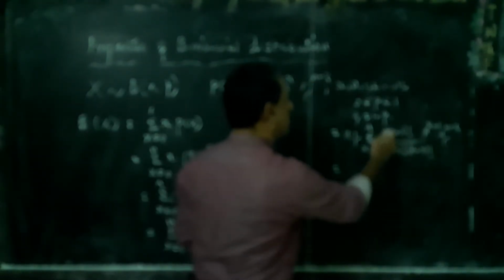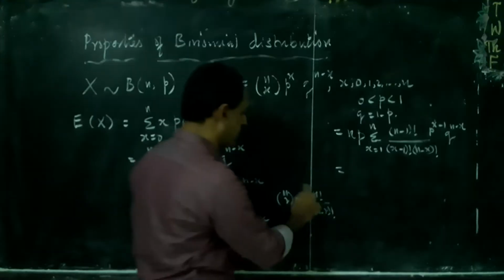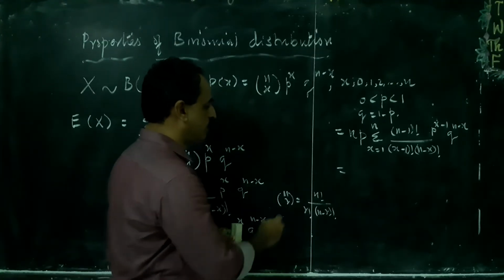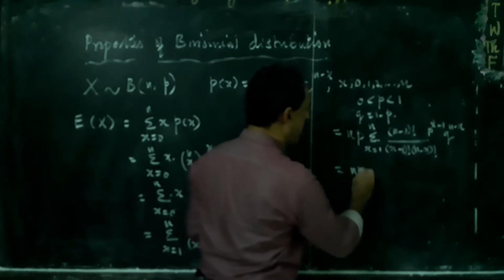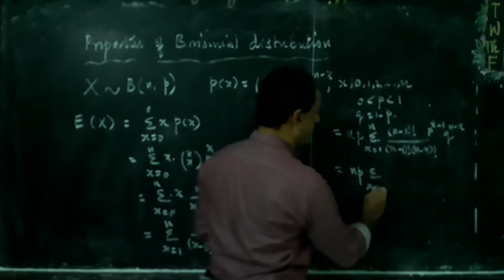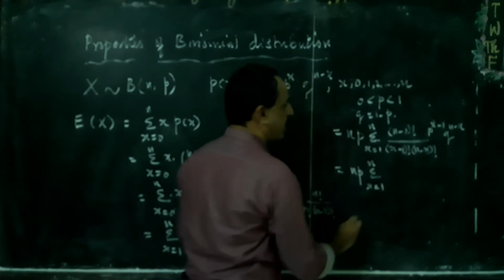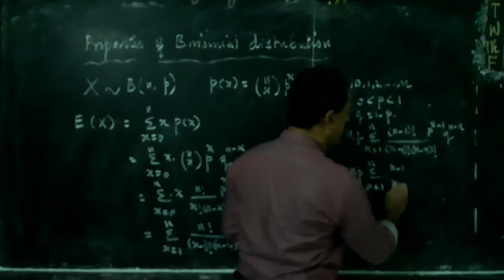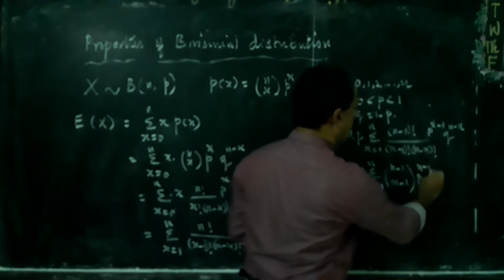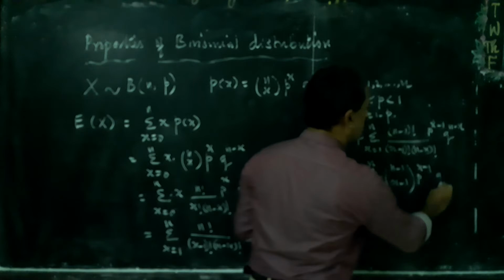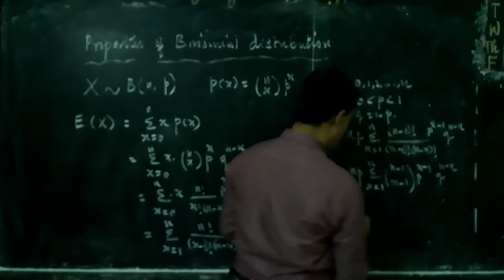Now we can close these factorial terms using the same equation of combination to factorial. That is, it becomes np summation x equals 1 to n of (n minus 1)C(x minus 1) p^(x-1) q^(n-x).